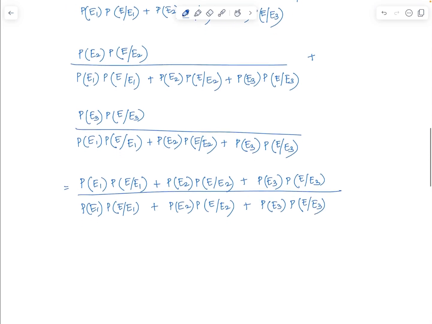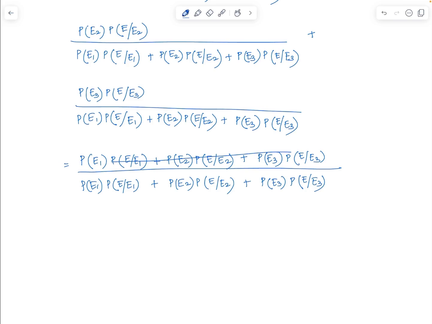So the numerator and the denominator get cancelled and we get the value as 1.